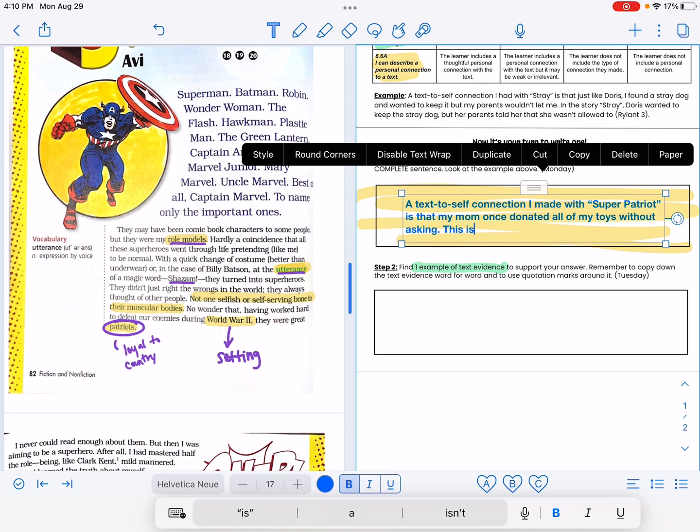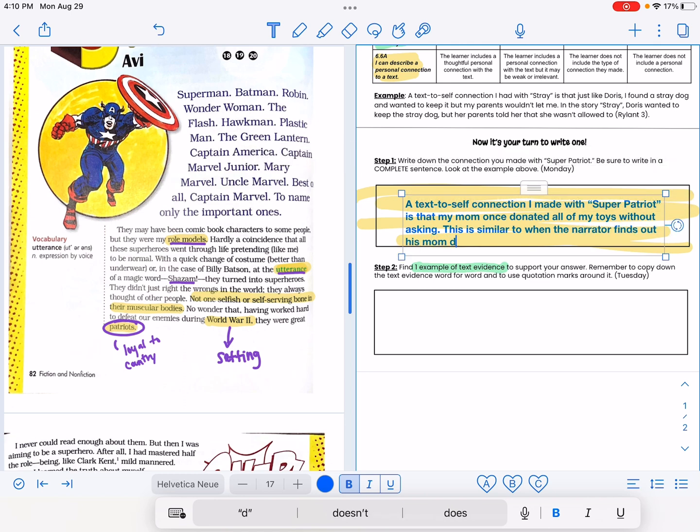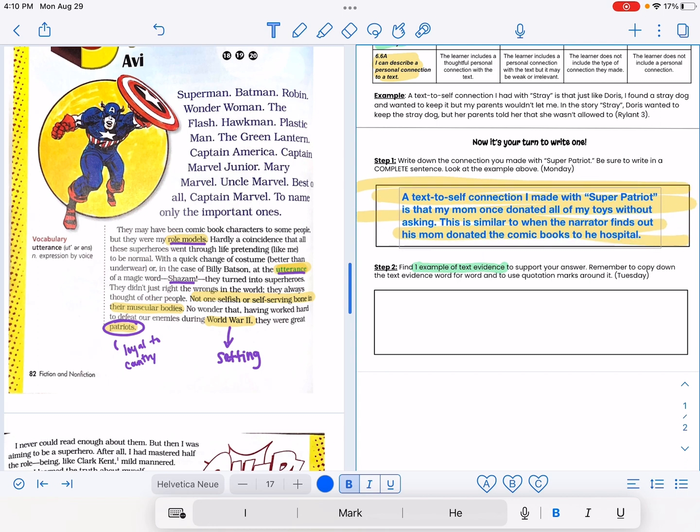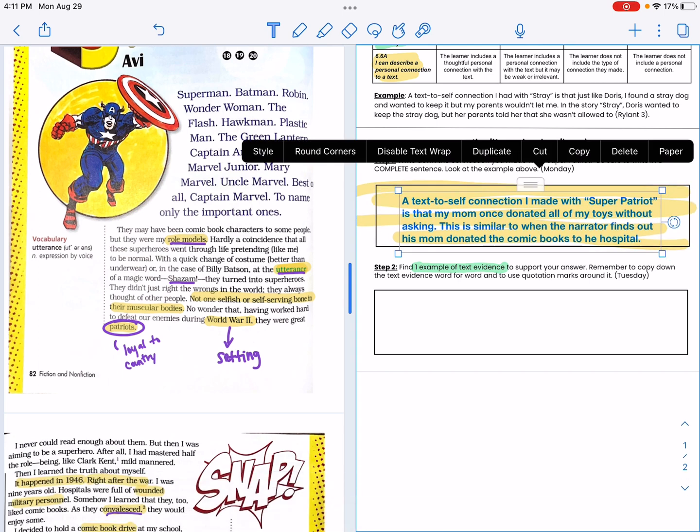This is similar to when the narrator finds out his mom donated the comic books to the hospital. So something of that nature. This is just my example. Remember, you should have your own answer here.